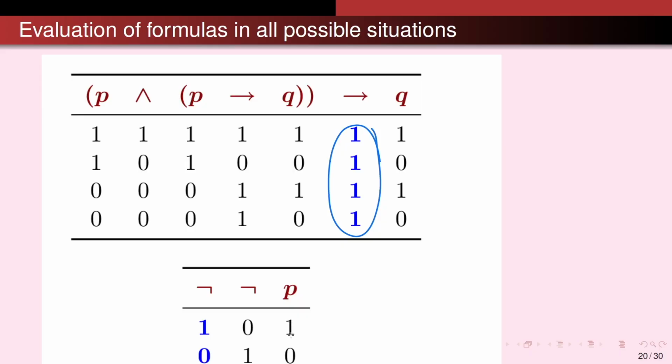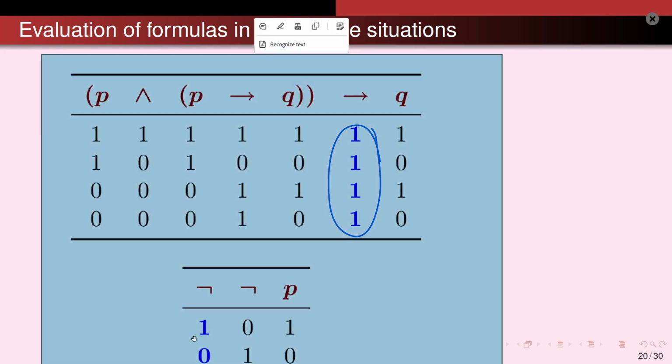Suppose not P: when P is 1, not P is 0, and the other way around. When we take the negation of it, it becomes 1 and 0, which is the same as P. This is the double negation of P. You see, P and the double negation of P have the same value.